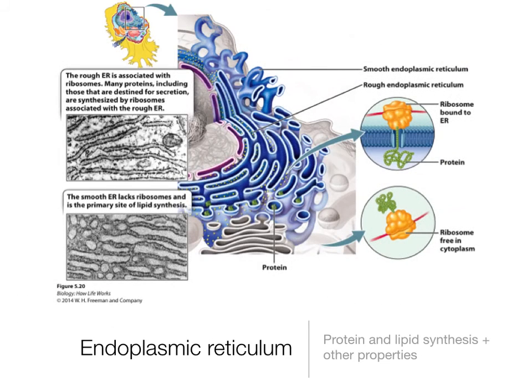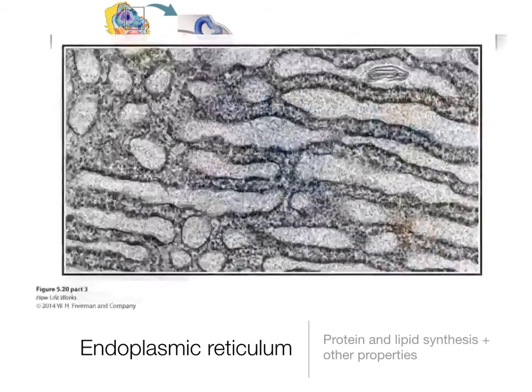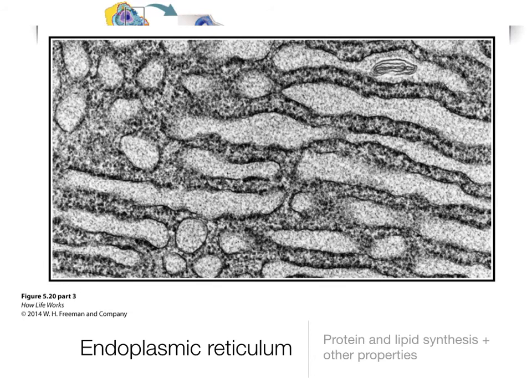In contrast, if you look at the other part of the endoplasmic reticulum, which is also represented in blue, you see that the stacks are smaller, so it looks more like tubes instead of large stacks. This is called the smooth endoplasmic reticulum, because if you look at it with a microscope, you won't see the black dots attached to the membranes.